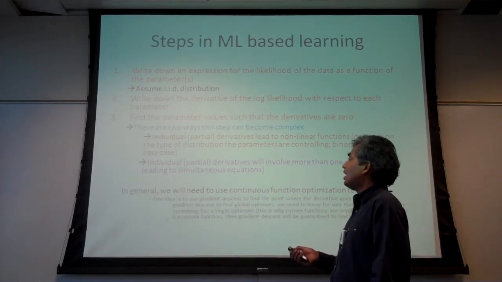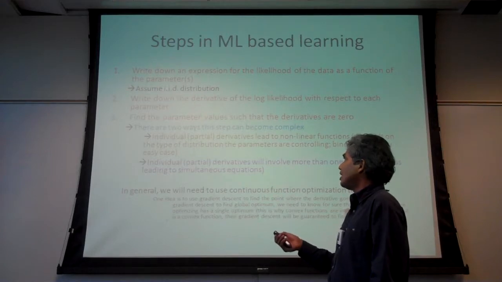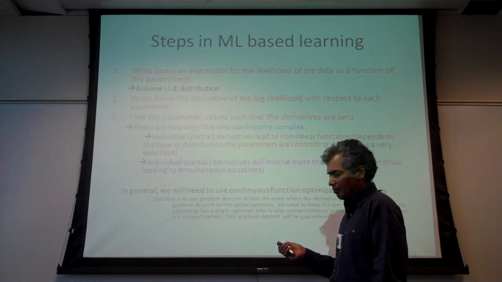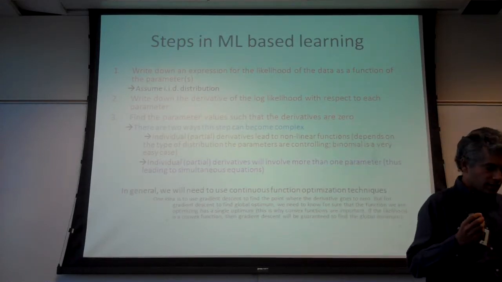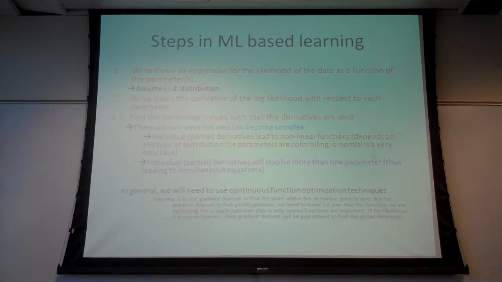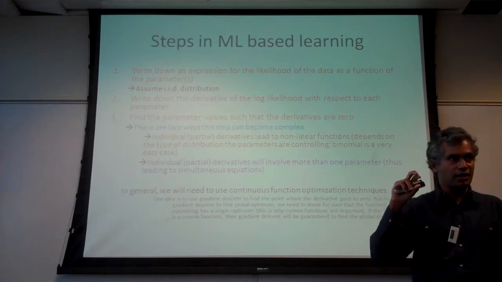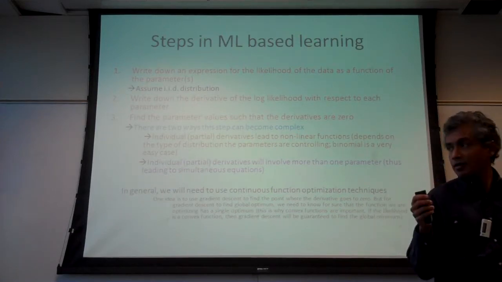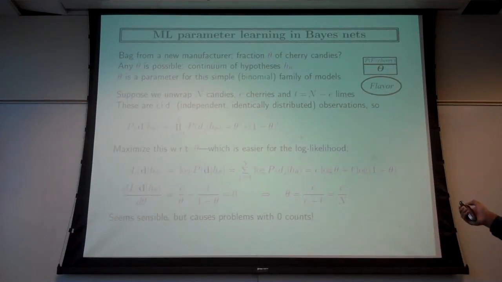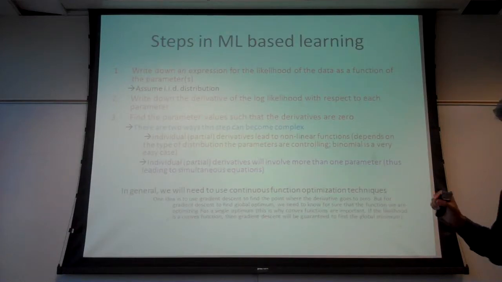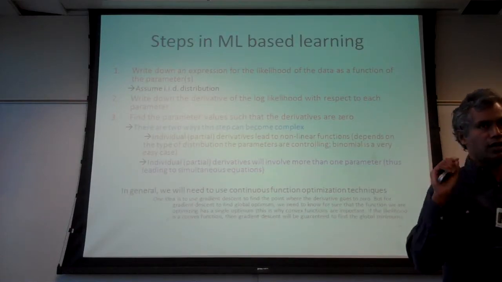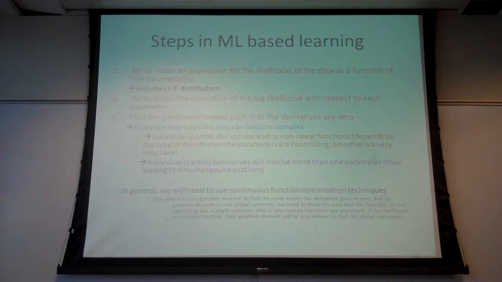In general, for Bayes nets, we noticed that things are particularly simple because with multinomial CPTs, which basically means tabular conditional probabilities, the parameters don't entangle.